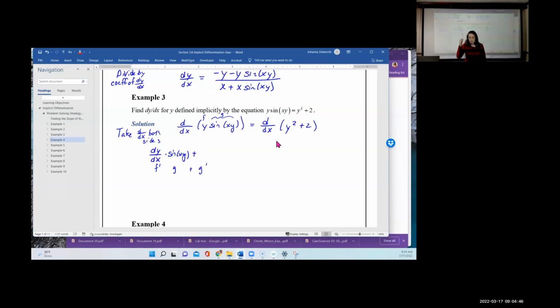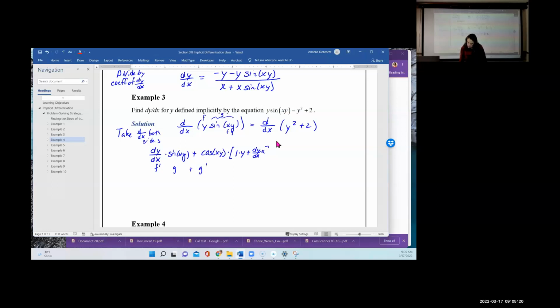Invoking the chain rule, the derivative of the outside, the derivative of sine is cosine, freeze the inside, times the derivative of the inside, which is another product rule. So then we have this one as an f and a g, and we're going to have the derivative of x, which is 1 times y, plus the derivative of y, which is dy dx, times the x.